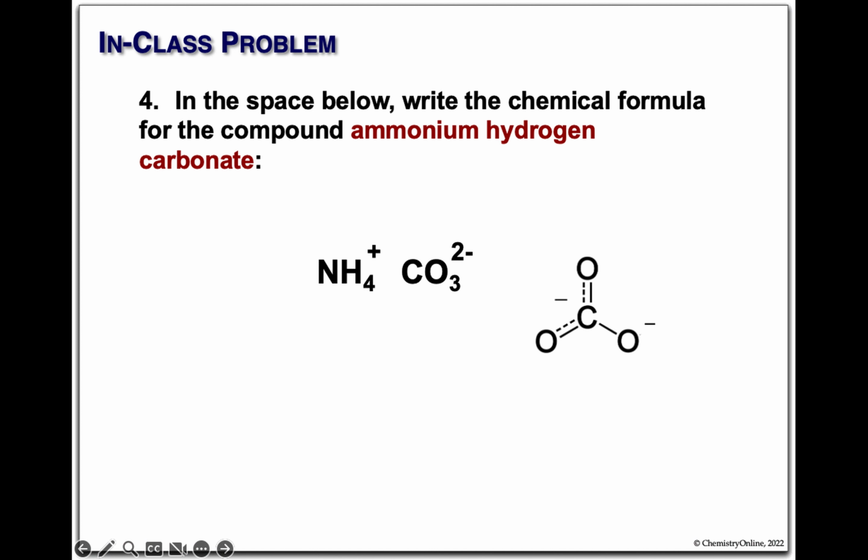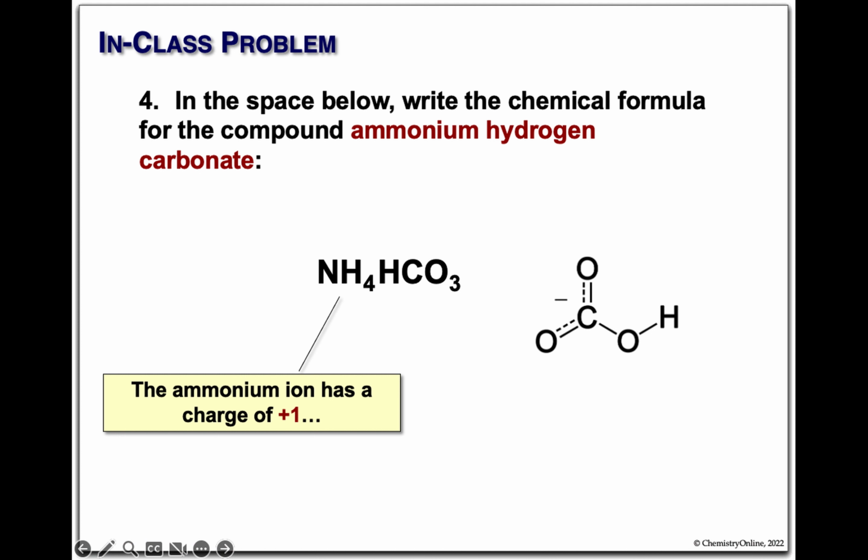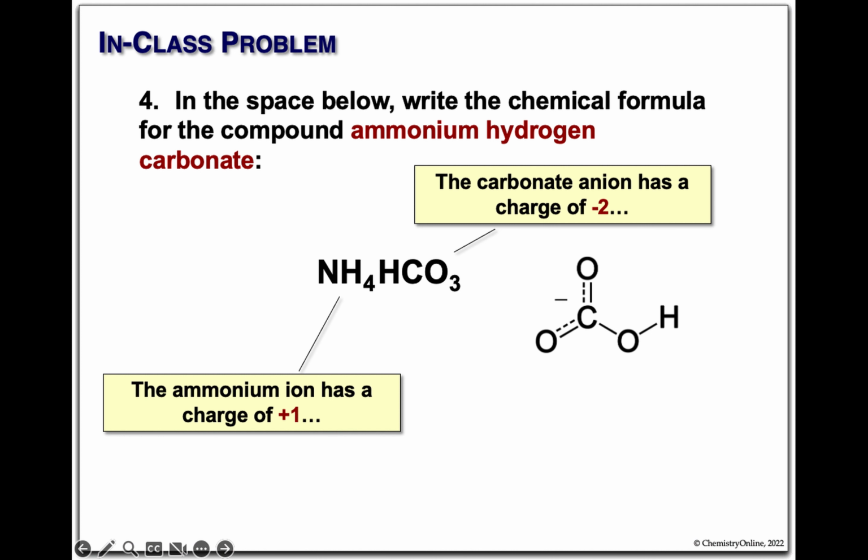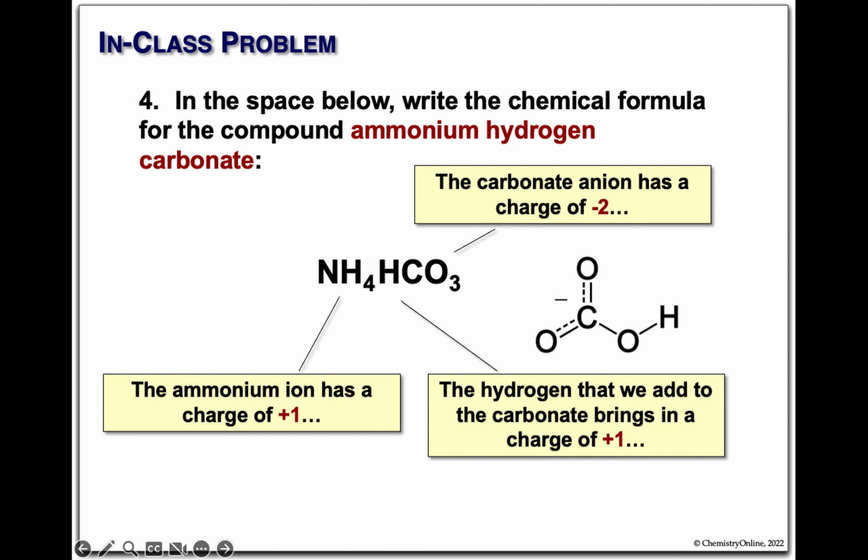When we have excess negative charges like this, we can put a hydrogen on one of the negative oxygens. When we do that, this is hydrogen carbonate, also called bicarbonate. To show this in our formula, we simply insert the hydrogen here and ditch our charges. Ammonium, plus 1. Carbonate, -2. We brought the hydrogen in, it comes in as a plus 1, and so we are neutral.